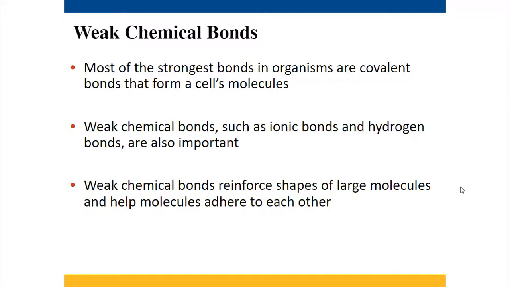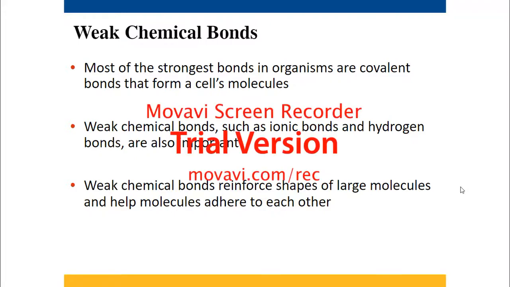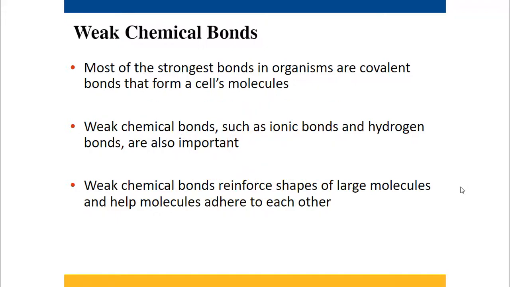And again, remember I said the oxygen is slightly negative, hydrogens are slightly positive. Remember, opposites attract. So one oxygen in a water molecule is going to be attracted to a hydrogen in another water molecule, and that's going to keep going on and on, and then you add up all those hydrogen bonds.